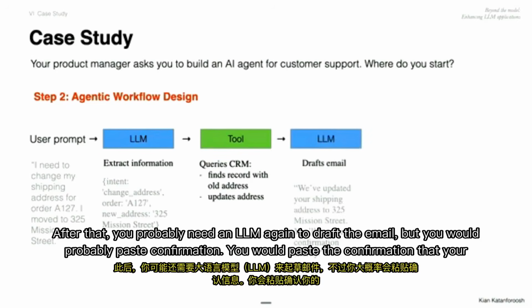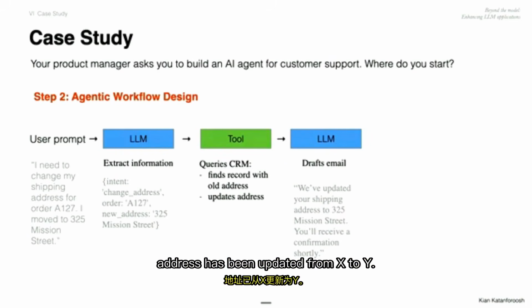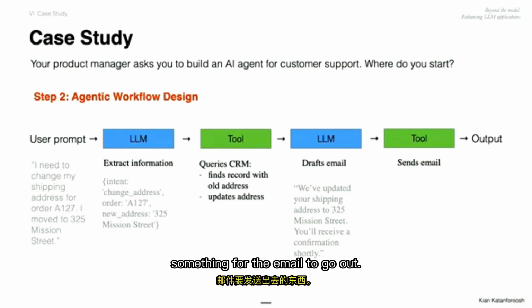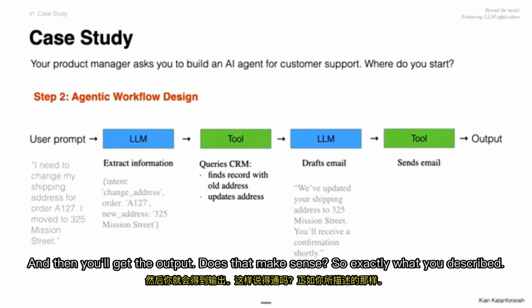After that, you probably need an LLM again to draft the email, but you would paste the confirmation that your address has been updated from X to Y, and then the LLM will draft an answer. And of course, just to not forget, you might need a tool to send the email. You might actually need to post something for the email to go out. And then you'll get the output. Does that make sense? So exactly what you described.